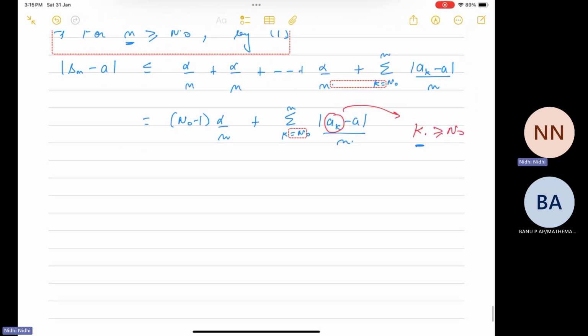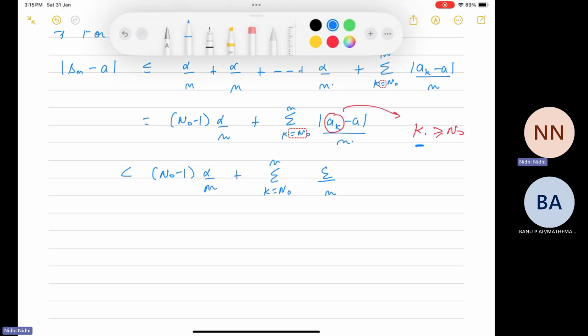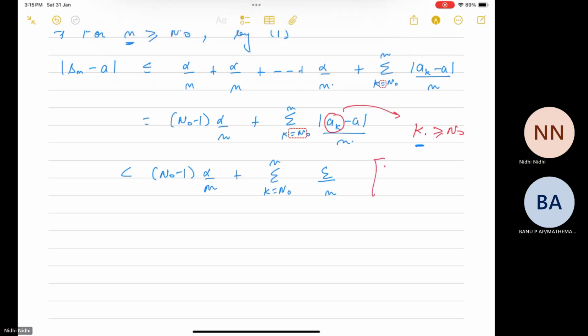So this will be strictly less than n naught minus 1 times alpha by n, and all these terms will be less than epsilon, and 1 by n will be as it is, since by equation 2 mod ak minus a is less than epsilon for all k equal to n naught and so on up till n.